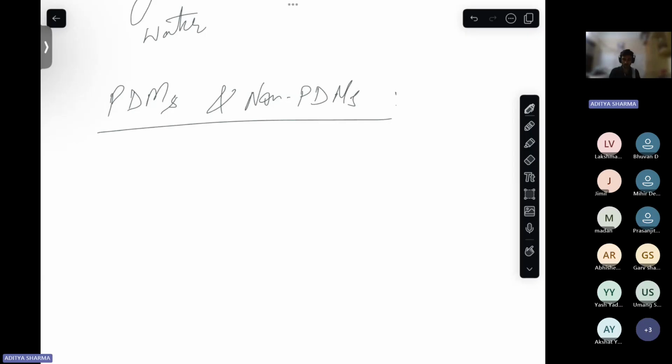Your engines based on displacement, right? So you take the example of your piston engines.